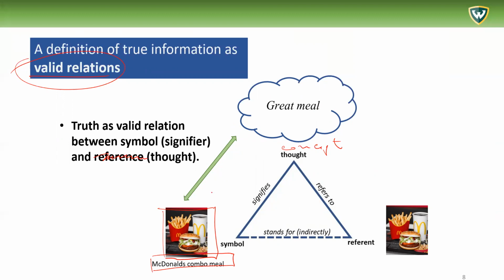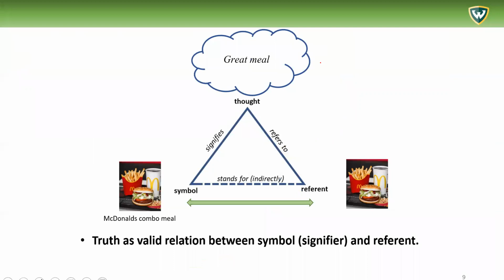The point I'm trying to make is that the truthfulness can be between the symbol and the thought, and also between the symbol and the referent, the object out there.